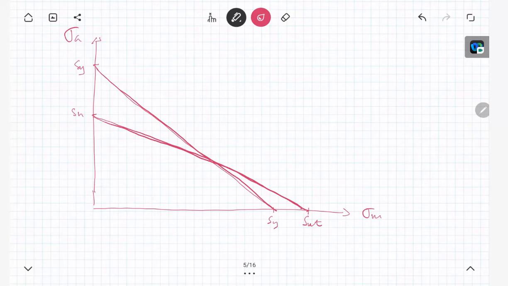So the value of sigma alternating that we get is, okay, yield strength is 700. Ultimate is 900.